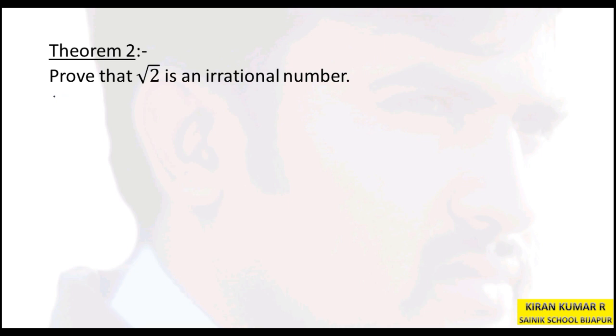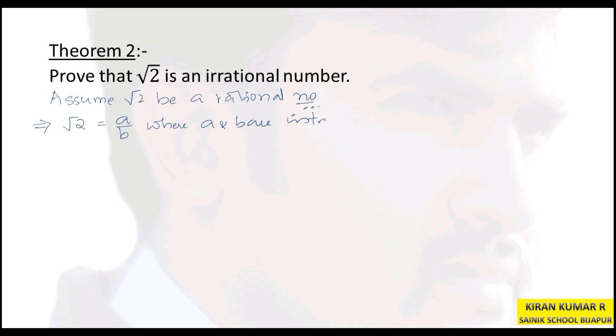For that, let us assume root 2 is a rational number. By the definition of a rational number, we know that it is in the form of p by q or a by b, where a and b are integers and b is not equal to 0.